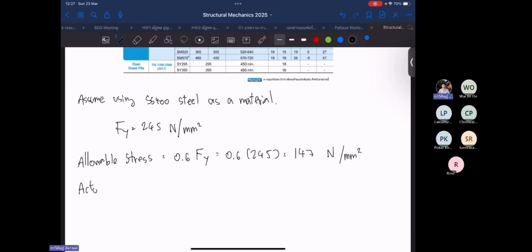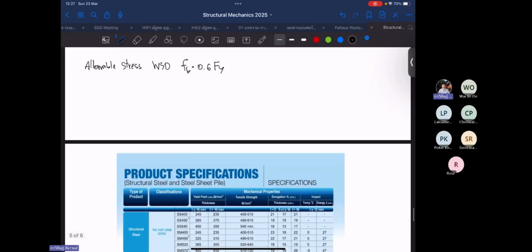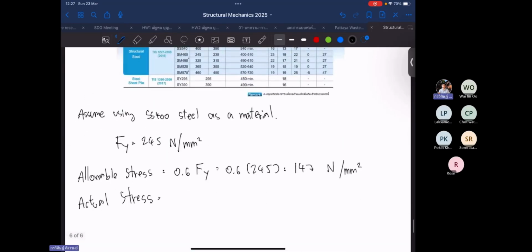Actual stress we already calculated as 2.4 kilonewton per square centimeter. But the unit is different, so we have to change.